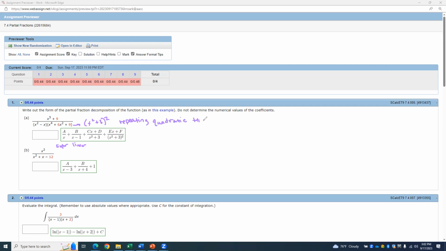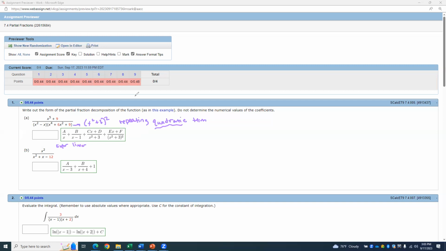So whenever it's a quadratic term, it gets 2 letters. The x squared plus 3 gets Cx plus D, and then the repeated part of that, which was x squared plus 3 quantity squared, gets Ex plus F.